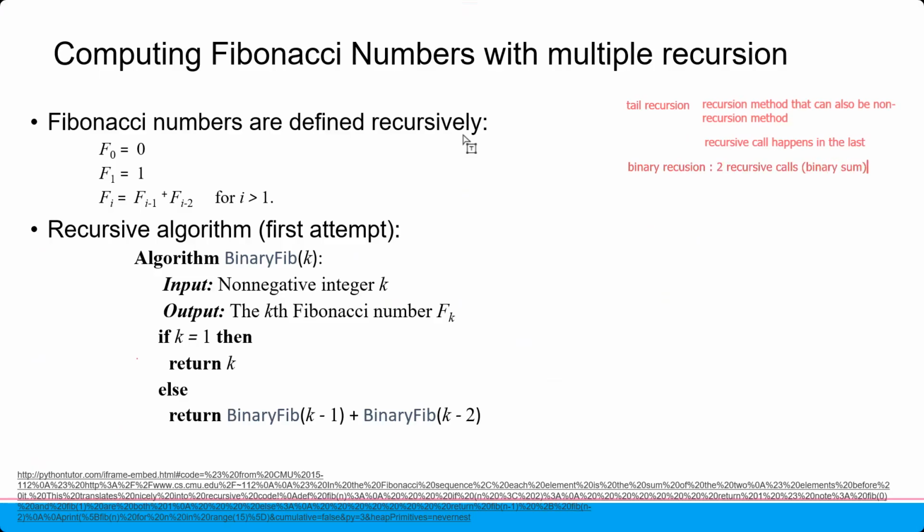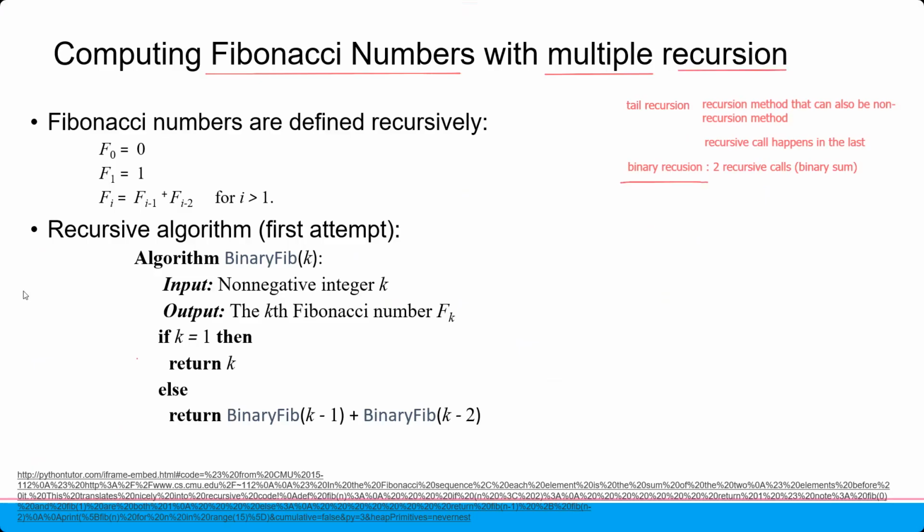So the other kind of recursive function we can see is the Fibonacci. I think some of you already know about the Fibonacci. With Fibonacci, we can also use recursion, and we can use multiple recursion. When we use the word binary recursion, it means we have two.